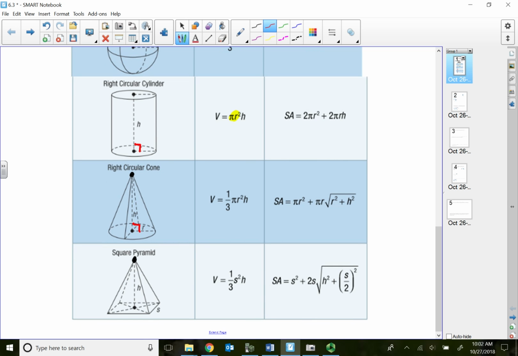For cones and pyramids, there's always going to be 1/3 at the front of the formula. The volume of a circular cone is 1/3 times the area of the circle base times the height. For a square pyramid, that will be 1/3 times the area of the base, which is side squared, times the height. Okay, let's try some examples here.